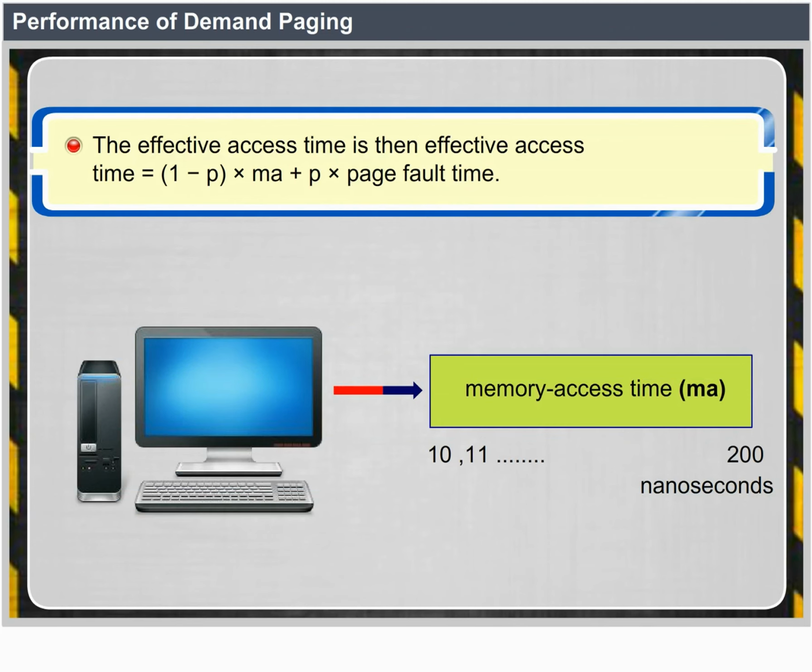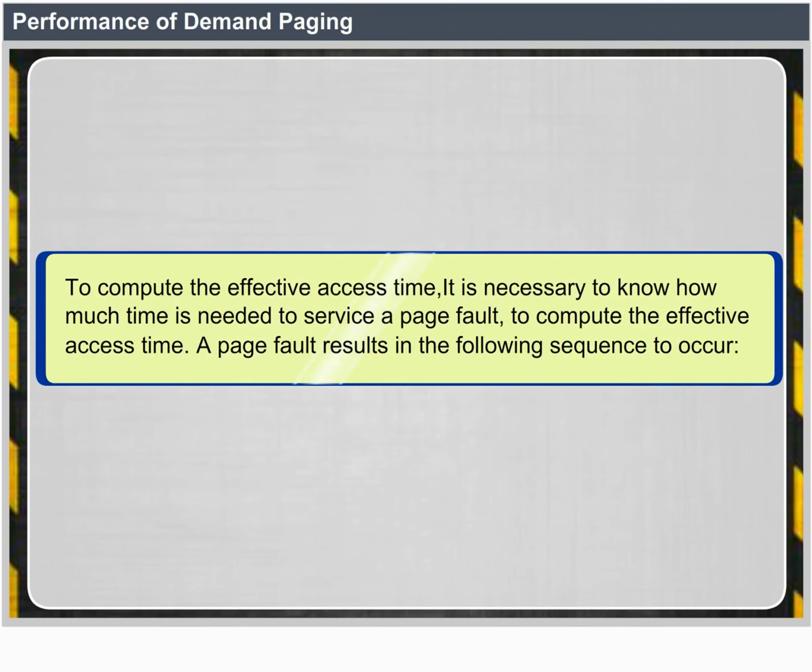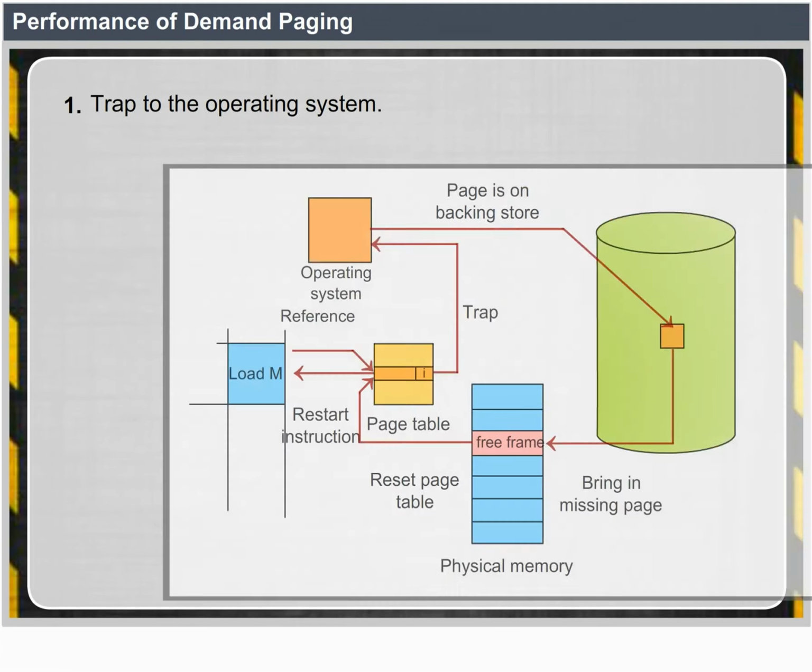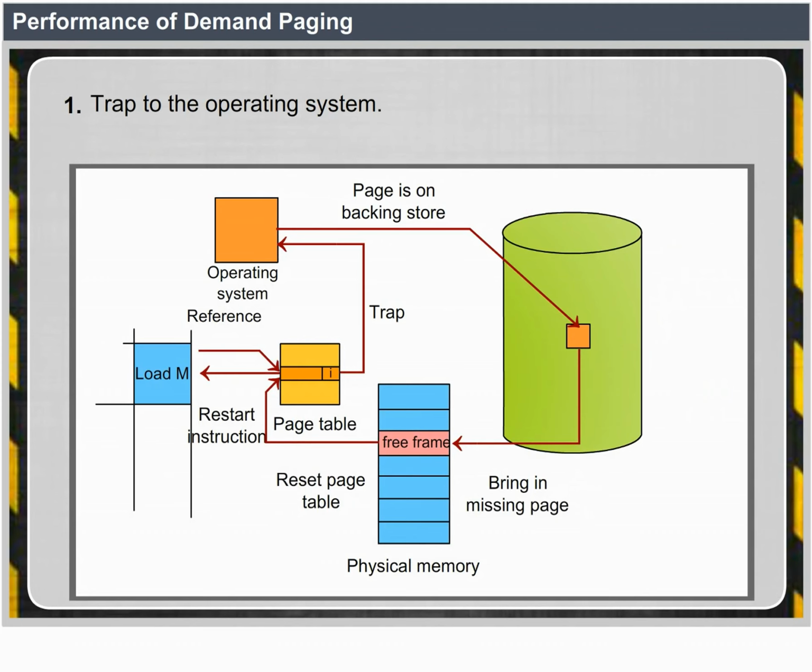To compute the effective access time, we must know how much time is needed to service a page fault. A page fault causes the following sequence to occur. 1. Trap to the operating system. 2. Save the user registers and process state. 3. Determine that the interrupt was a page fault. 4.